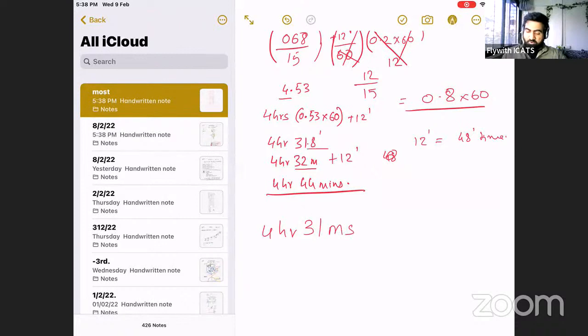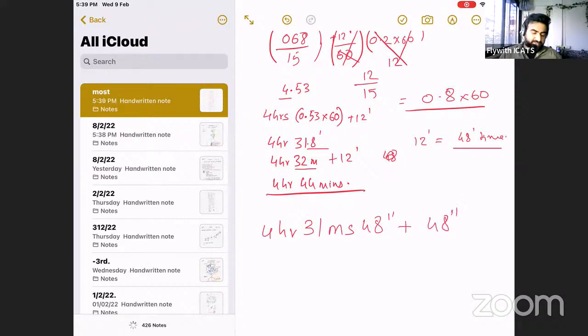And this 0.8 plus 48 seconds. So this 0.8 again, I'm going to convert into time. So 0.8 into 60 would give me 48. So this becomes 4 hours, 31 minutes, 48 seconds plus this length, that is 48 seconds.